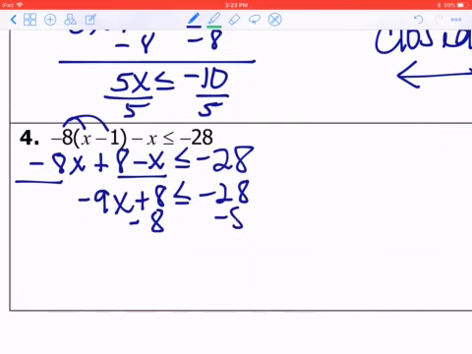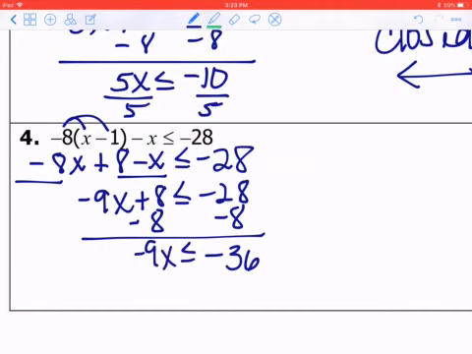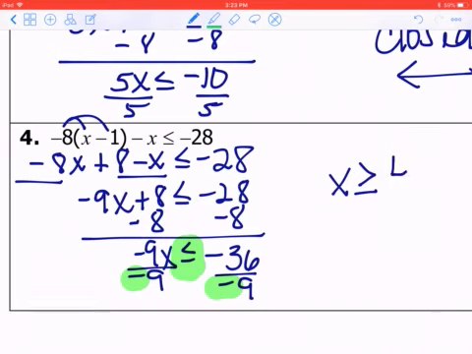Subtract 8, give you negative 36, divide by negative 9. Now because I just divided by a negative, that means this has to change directions. So now x is greater than or equal to 4.